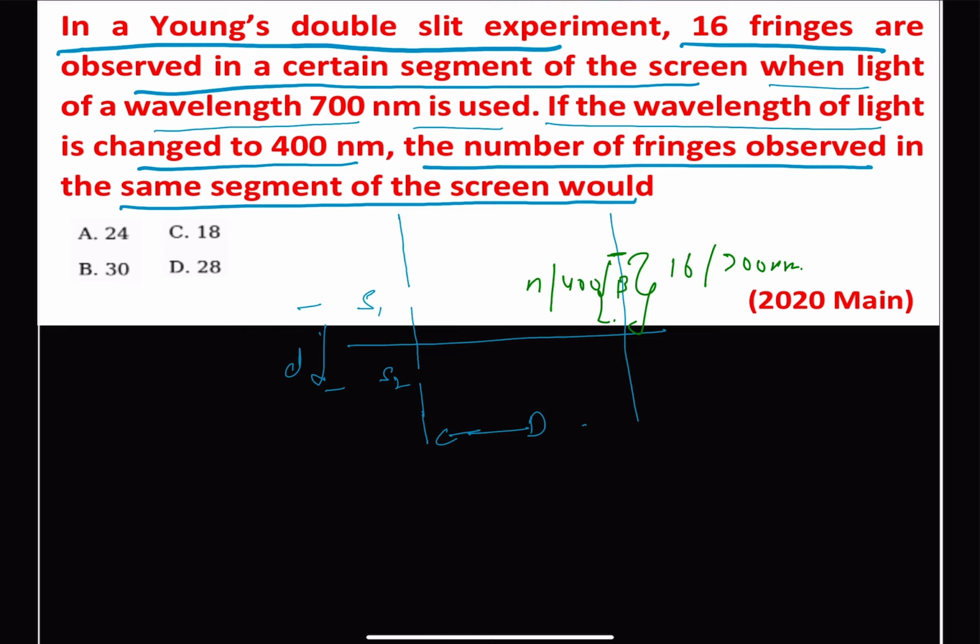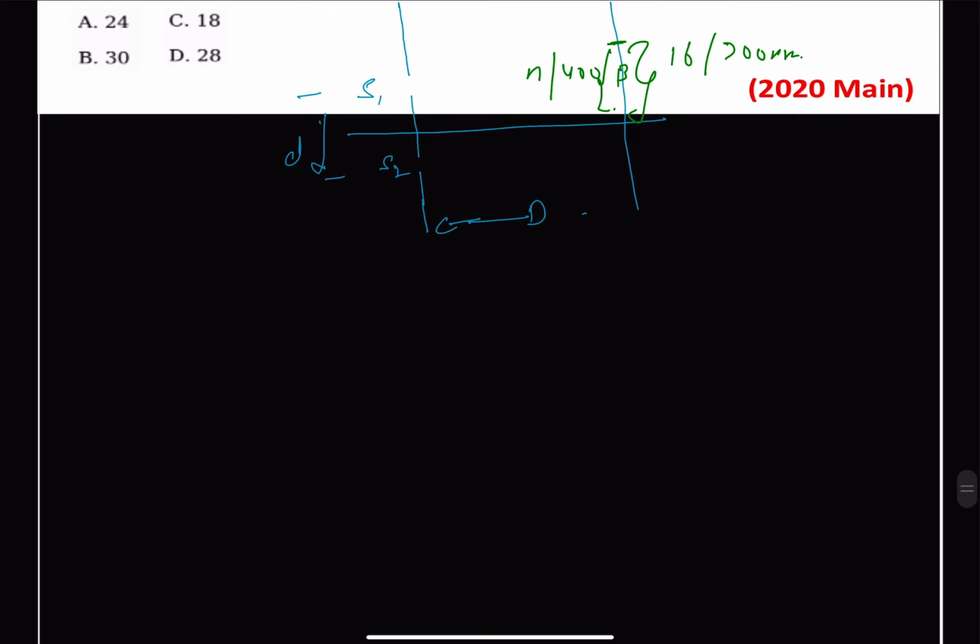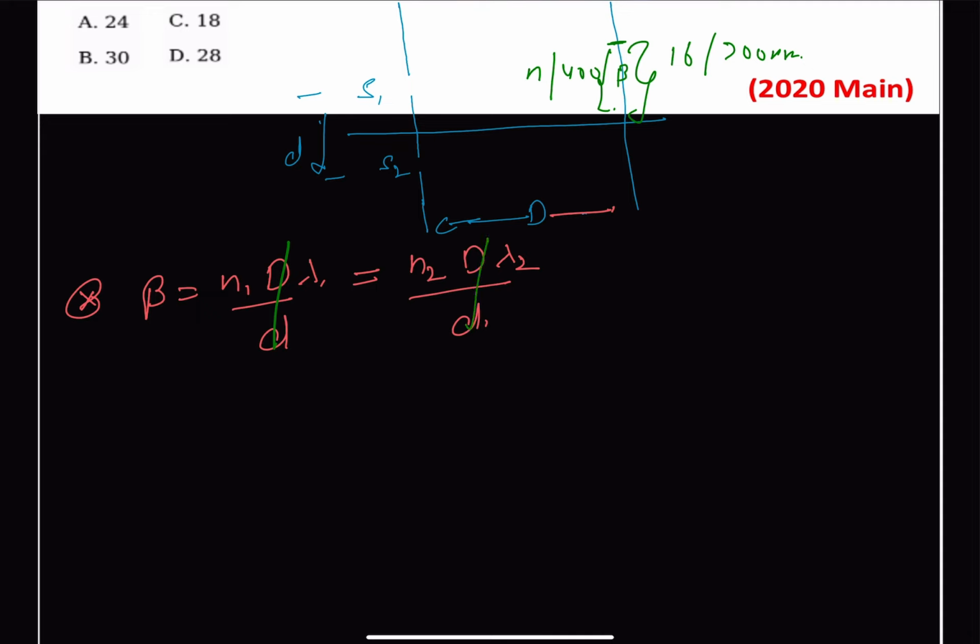Therefore we can use the formula that beta will be equal to n1 D lambda 1 upon small d, which will be equal to n2 D lambda 2 upon small d. Here the D and d cancel out, and we get from here n1 lambda 1 is equal to n2 lambda 2, and we need to find out n2.